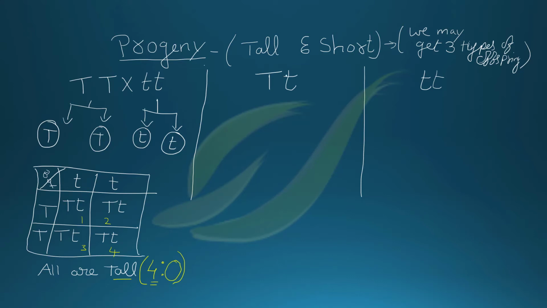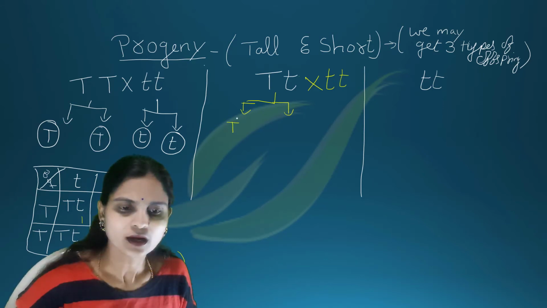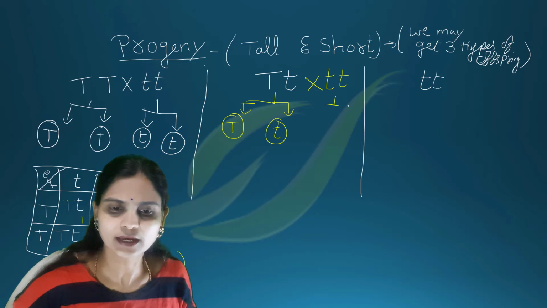Now let us see this. If the progeny is heterozygous tall, and you are crossing with the recessive parent, here you are going to get the gametes capital T and small t, and here you are going to get the gametes small t and small t.